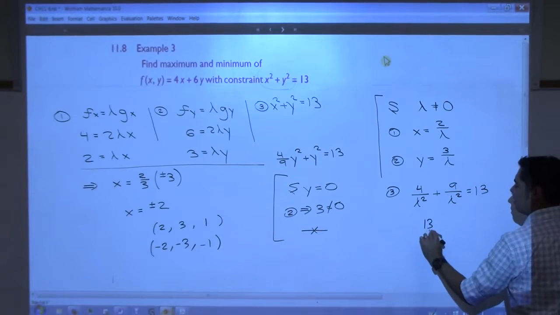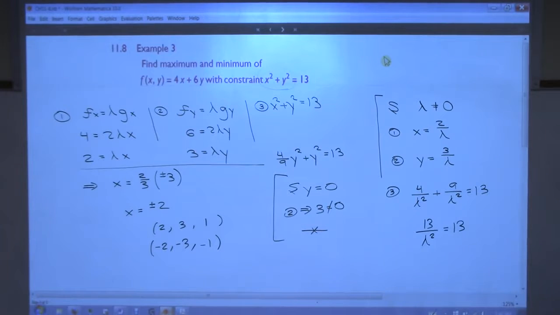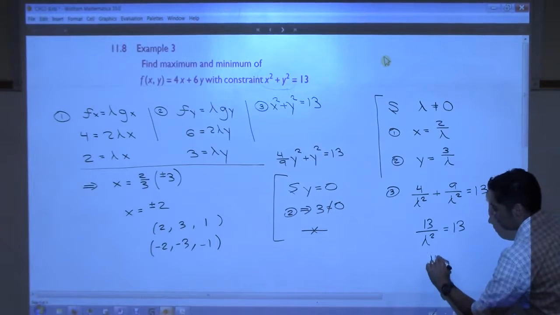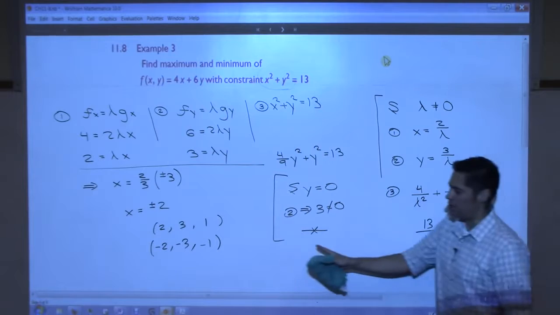You get 13 over lambda squared because they have the same denominator. And now just multiply both sides by lambda squared, which we can do because lambda is not 0. So you'll get lambda squared is 1, which means lambda is plus or minus 1. Have we done that? We actually did that already.